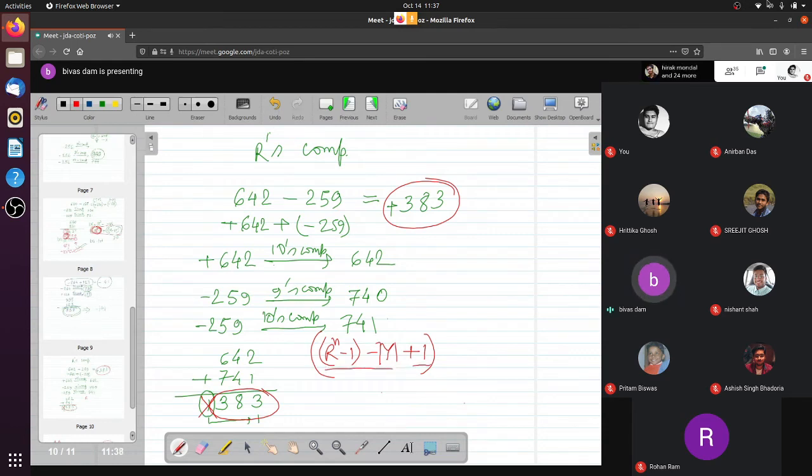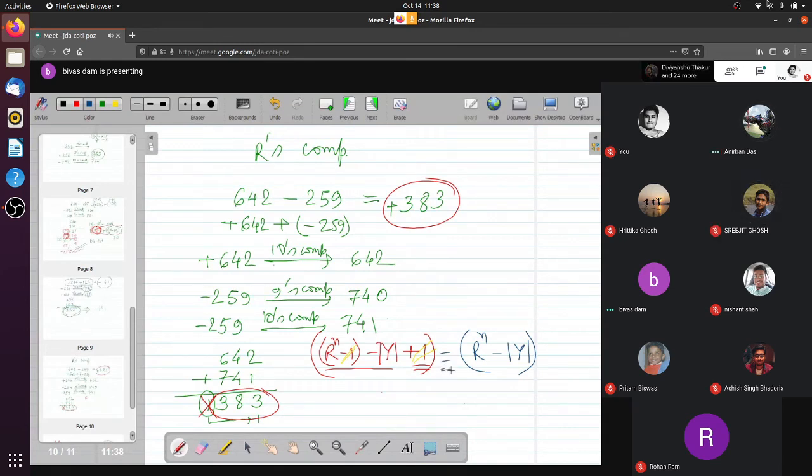With that, I am adding this 1. So that becomes the R complement of minus y. Forget about this minus 1 and this plus 1. This is equivalent to R to the power n minus mod y. Isn't it?